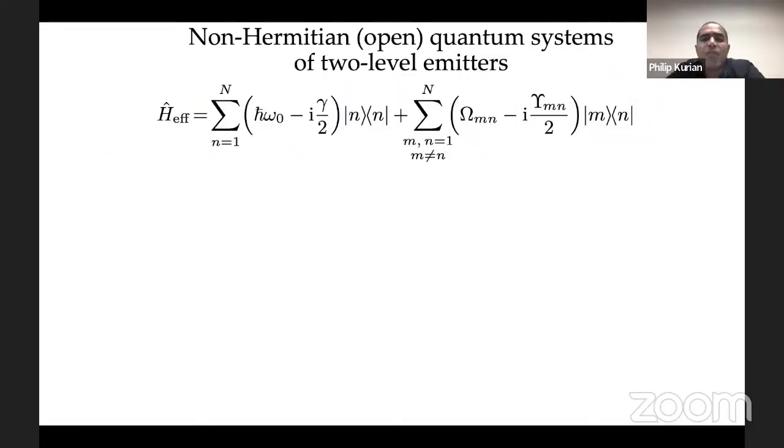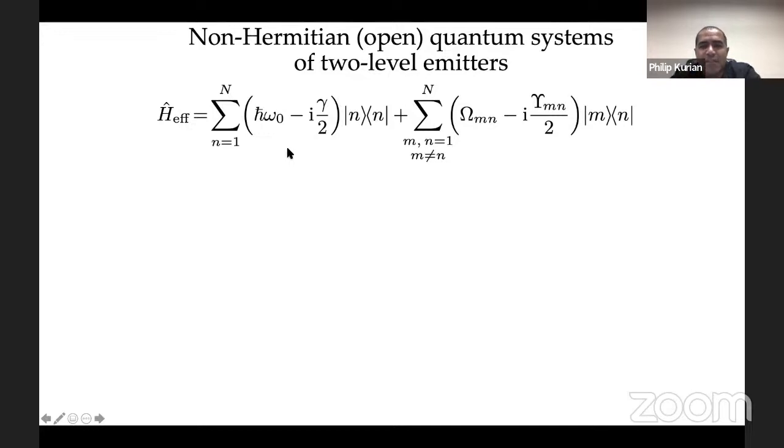Now, this system of two-level systems is actually an open system, and these open quantum systems are widely used in the quantum computing literature to discuss systems of two-level emitters. But when you deal with an open system, of course, probability is not conserved, so you have a decay out to the electromagnetic field. So we have a non-Hermitian Hamiltonian, so you have to be careful.